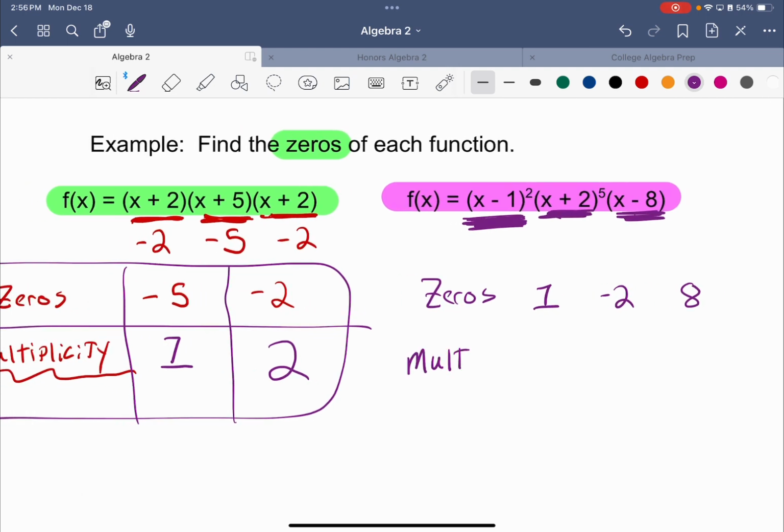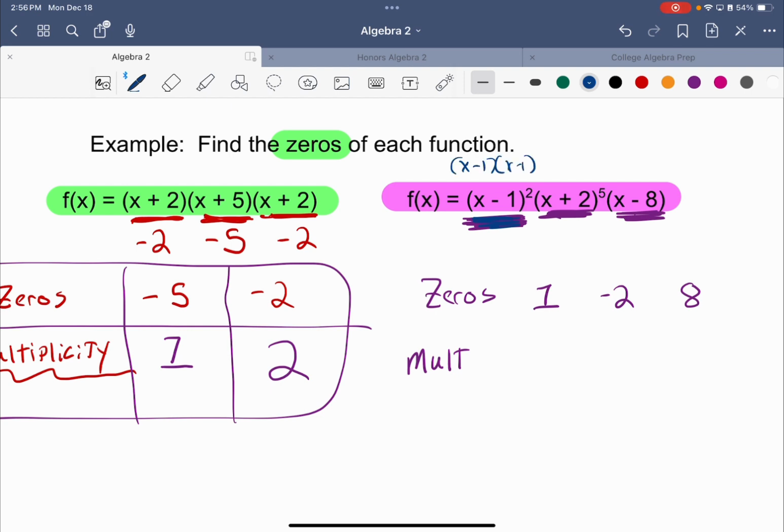The multiplicity. How many times does x minus 1 happen? It happens twice because of that exponent up there. Remember, this would be just like having x minus 1 times x minus 1.